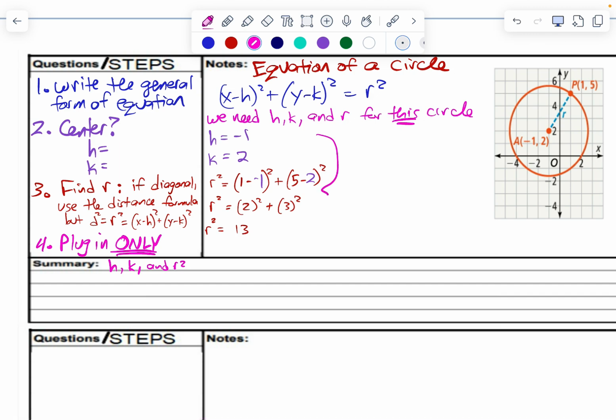Okay, so all of this comes back into our equation. So X minus -1 squared plus Y minus 2 squared equals 13. 13 was R squared. And then, of course, we could clean up that first one a little bit if we wanted, but this is the equation of that circle.